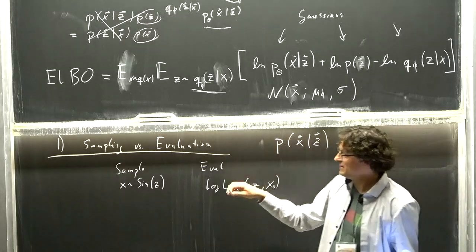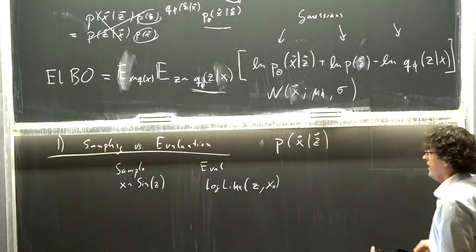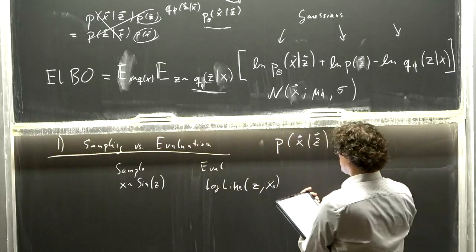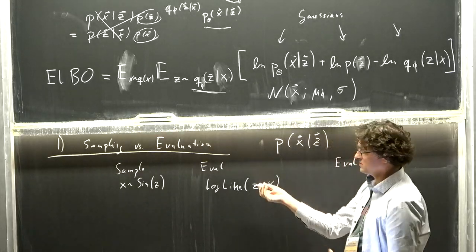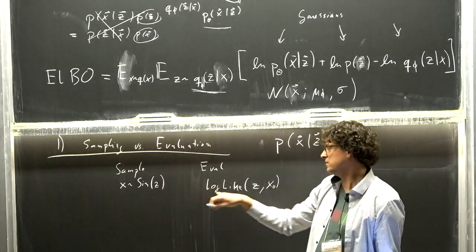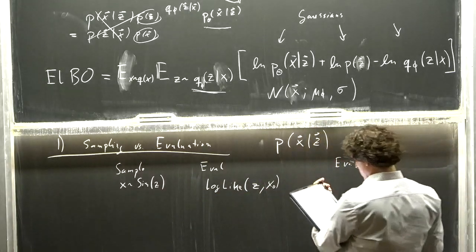But these are generally two different pieces of computer code that you have to write. There are probabilistic programming languages that automatize this. But in general, you write either one or the other. And if you have two computer codes, one does this and the other does that, it's very difficult to tell that they actually talk about the same underlying distribution.